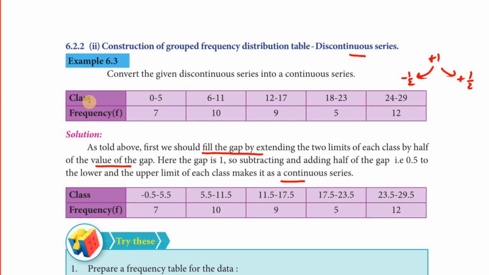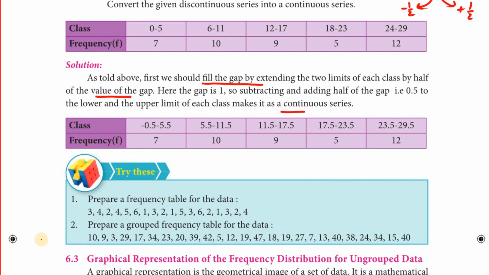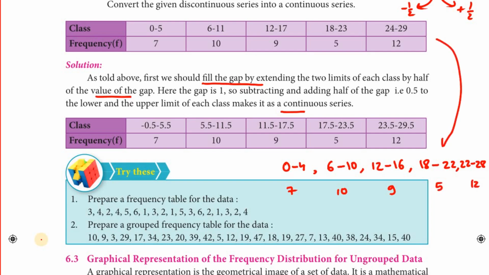Now suppose, let me ask you, the question would have been 0 to 4, next 6 to 10, next 12 to 16, next 18 to 22, next 24 to 28. The frequencies would have been the same, 7, 10, 9, 5, 12.